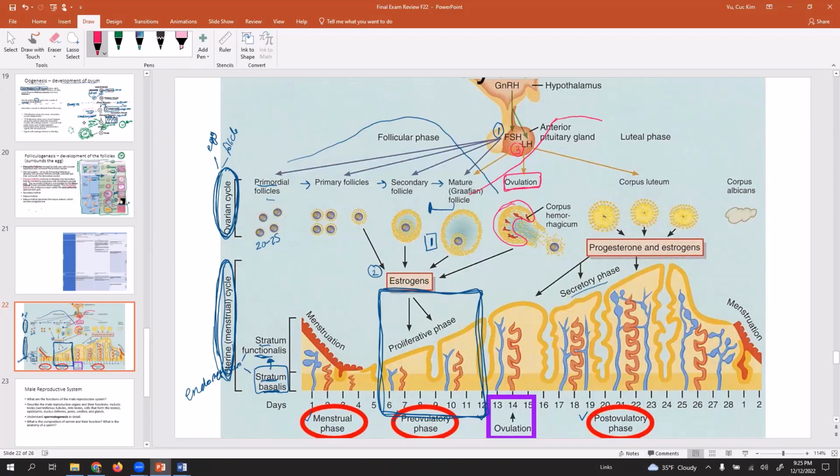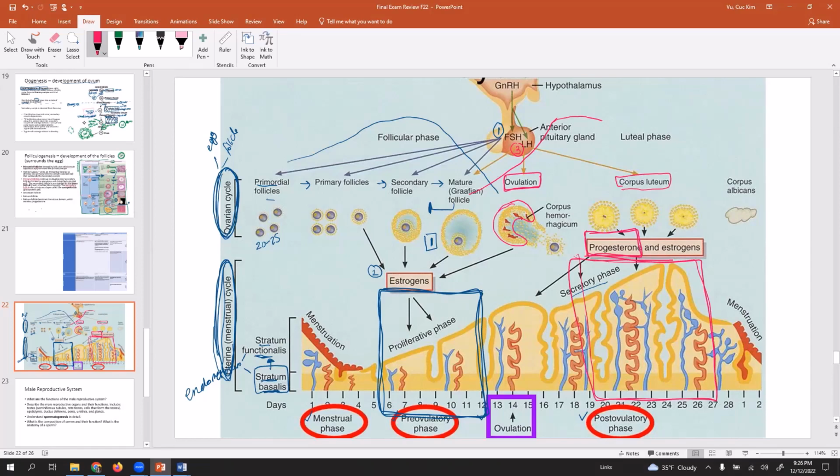So the LH causes the ovulation and it maintains the corpus luteum. What does corpus luteum produce? Progesterone. And progesterone is what maintains the thickness of this lining. Estrogen causes it to form, but it's progesterone that maintains the thickness of this lining.